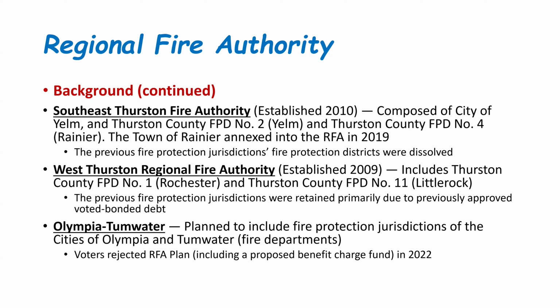And when you move that department out of the municipal government, which effectively an RFA would do, the administrative support we were getting from that city doesn't necessarily go along with it. They could include that in the plan, but Olympia and Tumwater didn't do that. So they have all of this infrastructure that they had to build under their plan to do all of those services that they didn't have. So that was another major complication that they had.